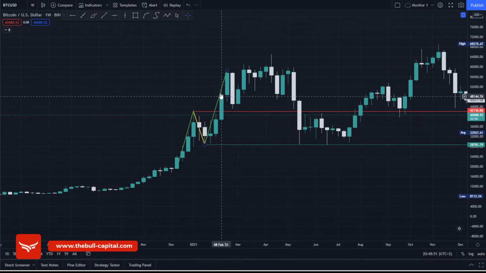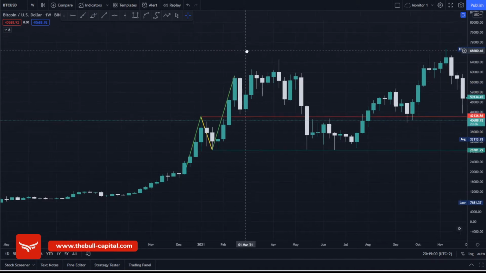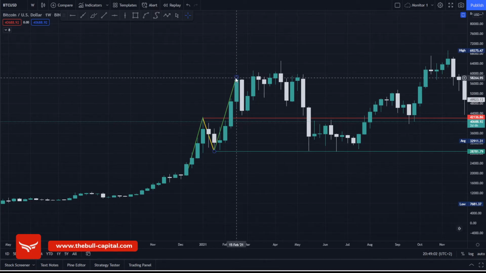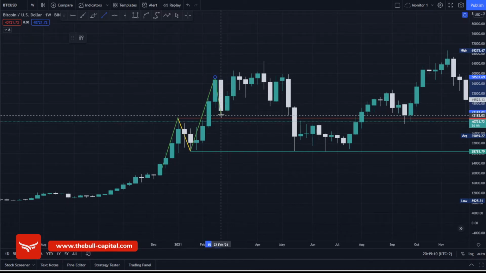So we have this swing high here that we marked. This is the last green candle, and this is the wick, and after this candle we have a bearish candle. So actually here we have a swing low.